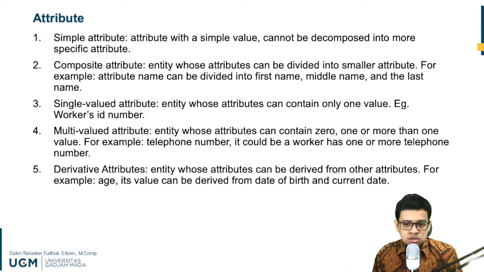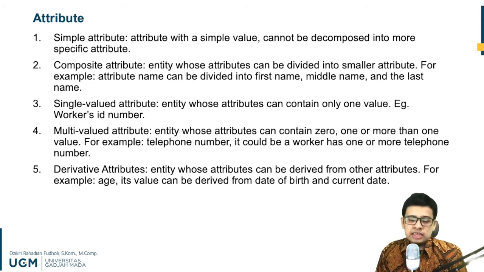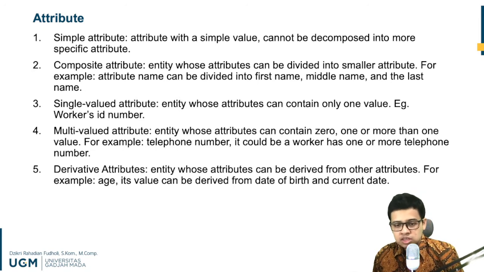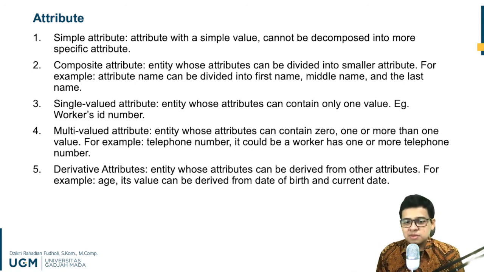Usually in Indonesia, we have a minimum of 3 words in a name, and it can be divided into 3 parts: first name, middle name, and last name. That's the very common practice in Indonesia. Well, there are some with 2, some with 1, maybe 4 or even 5. That's how diverse it is in Indonesia.